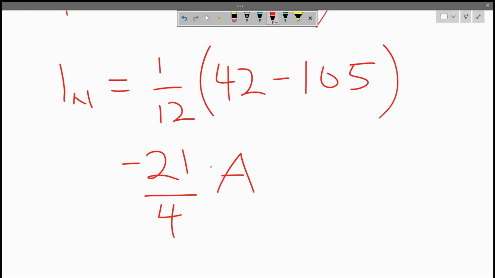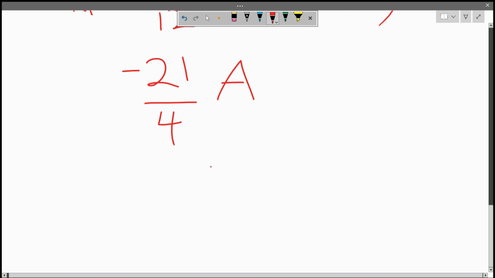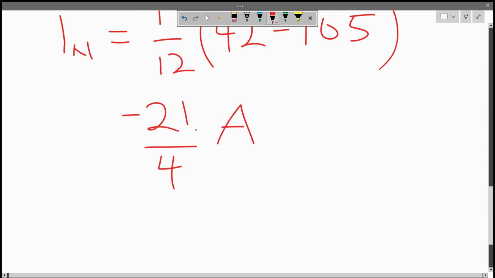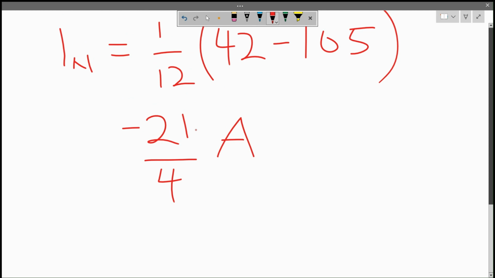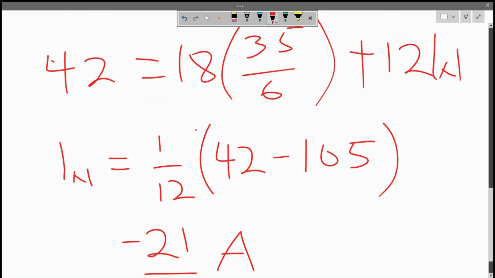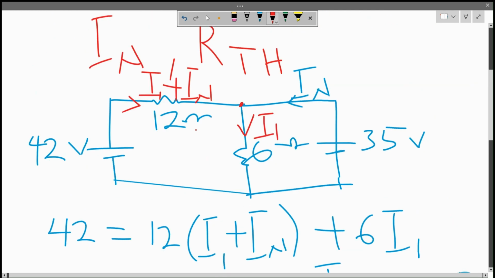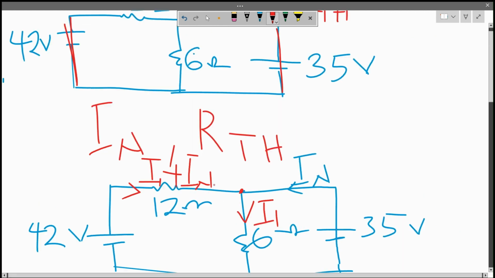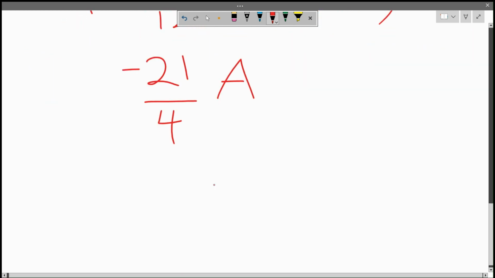Now, since we know our IN, let's find our RTH. In finding the RTH, we have to deactivate all the independent sources in the circuit. So now we have to short circuit all the voltage sources and replace the IN by RTH. So let's draw the circuit diagram again.